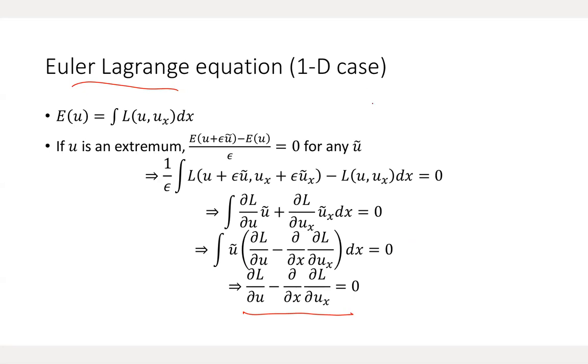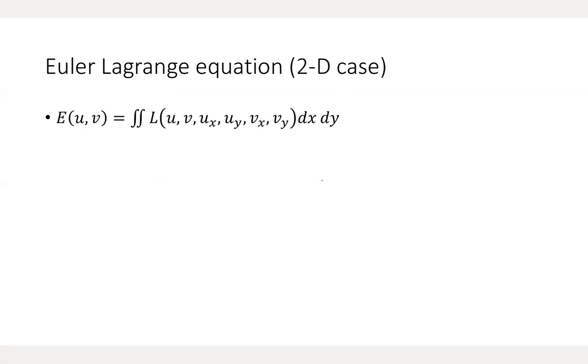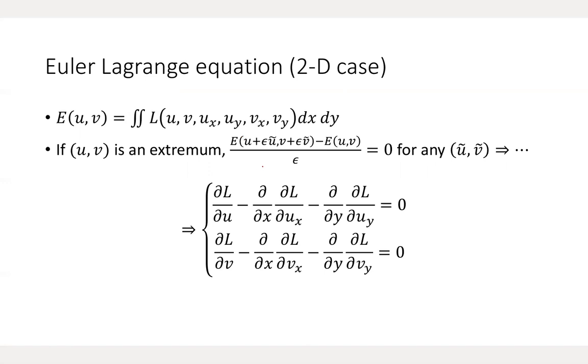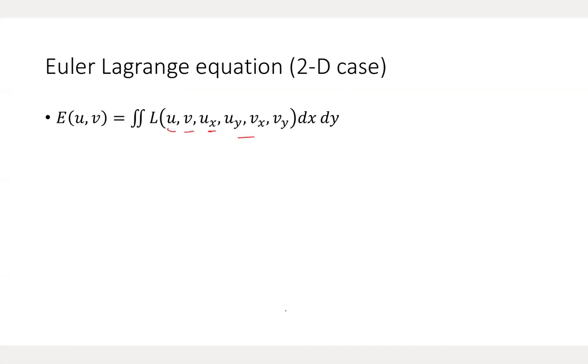For example, if you have more variables, like in our case, the 2D case, okay, let's just say in the 2D case directly. We have both u and v, and the x and y directions. I'm not going to detail it here, because you can basically do exactly the same thing, and you will end up with two equations, very similar to before, right?